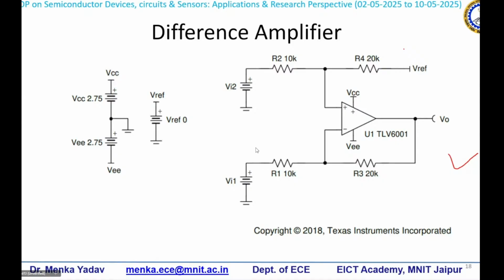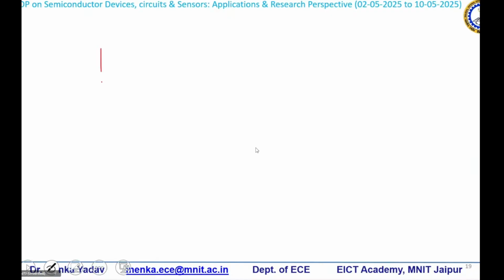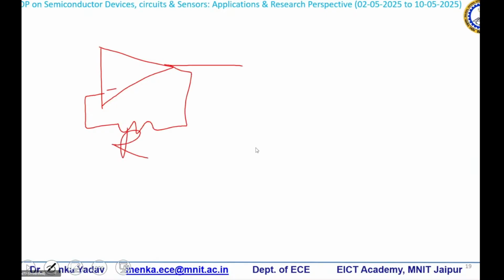Now let us understand what we discussed yesterday: the inverting mode and non-inverting mode amplifier. In the inverting mode amplifier, this is the negative terminal, this was a feedback resistance, let's say Rf, this was the input resistance, let's say R1, and this was some input, let's say V1.